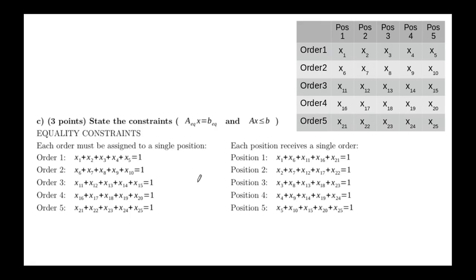What about the constraints? First of all, let's have a look at the equality constraints. The equality constraints are like this, in a matrix form, because they are linear. Let's have a look. Each order must be assigned to a single position. As you can see here, we are talking about order number 1 in position 1, 2, 3, 4, and 5.